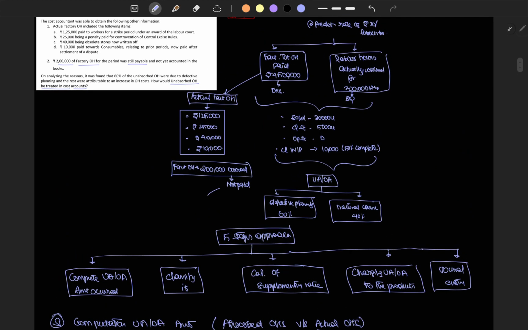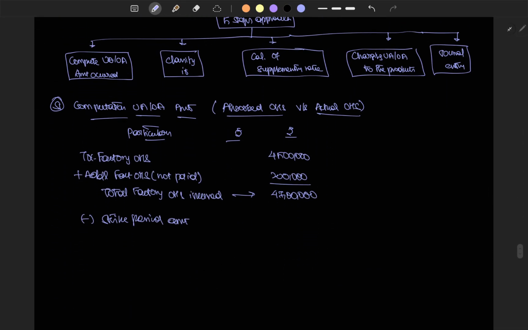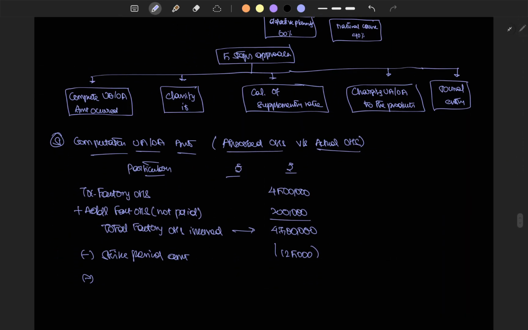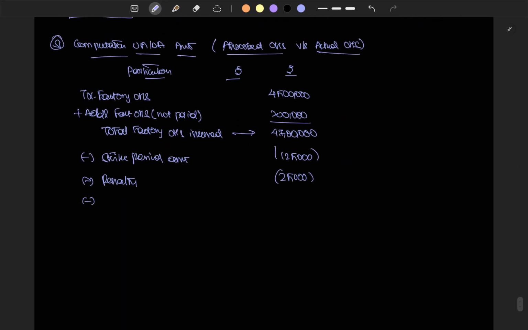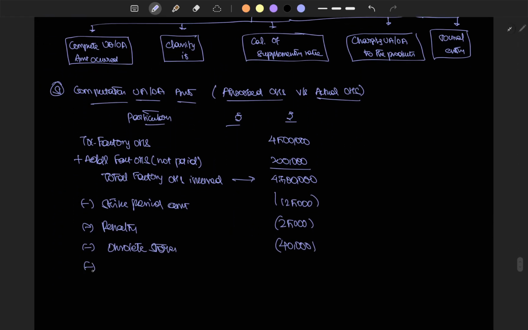Those are the strike period amount, which is rupees 1,25,000, minus penalty rupees 25,000, obsolete stores 40,000, consumables paid, that is 10,000.